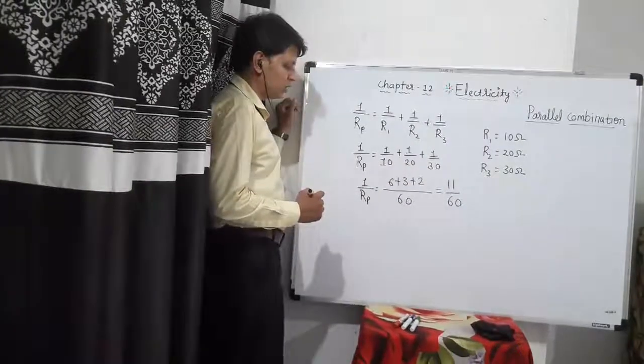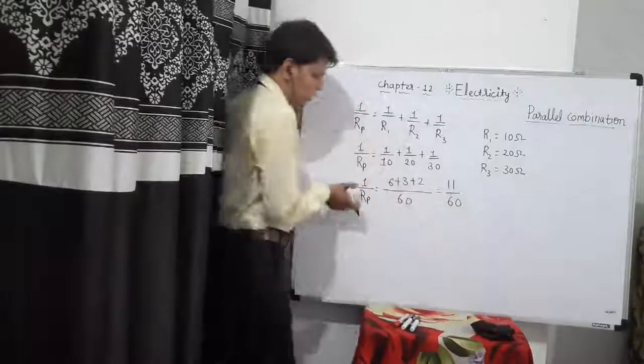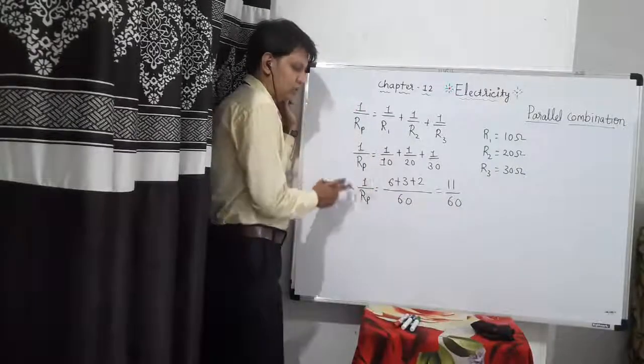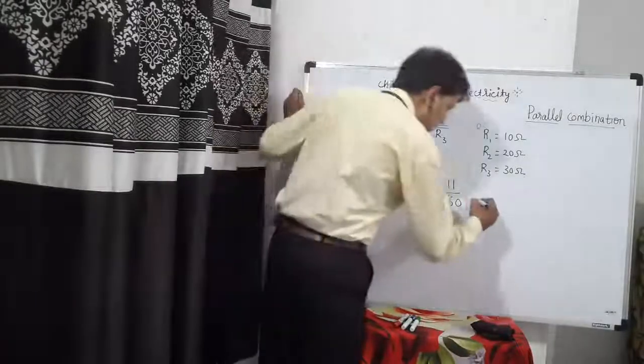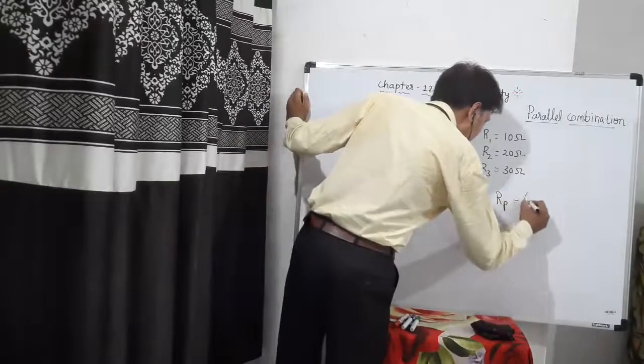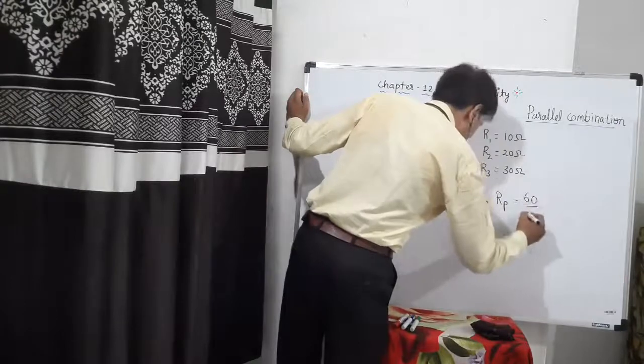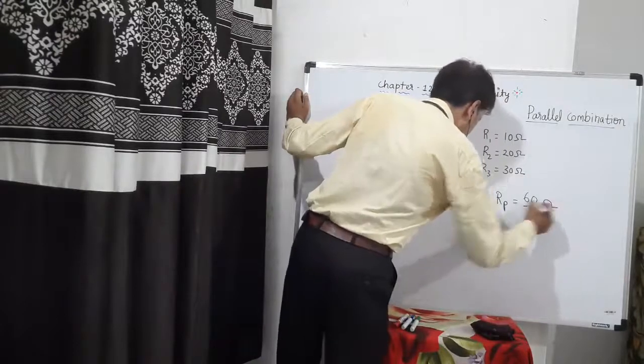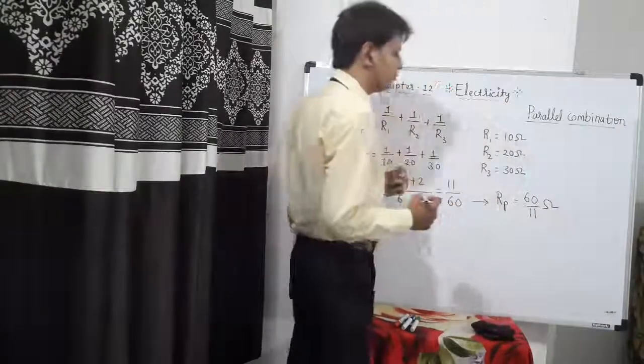We have to reverse it because it is 1 upon Rp. So I will write here that Rp will be equal to 60 divided by 11 ohm.